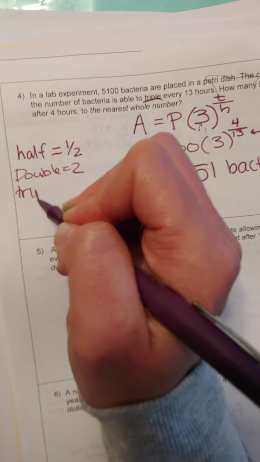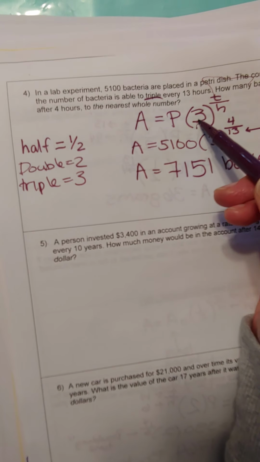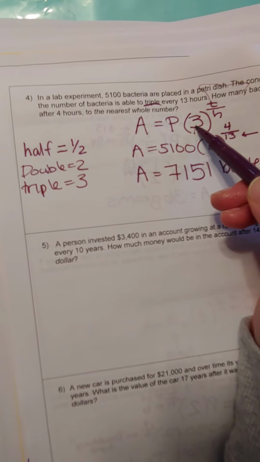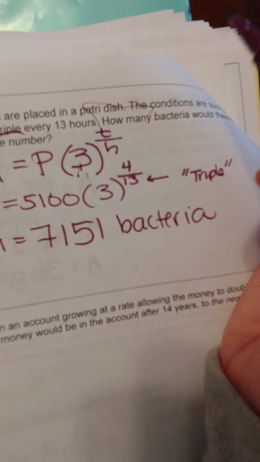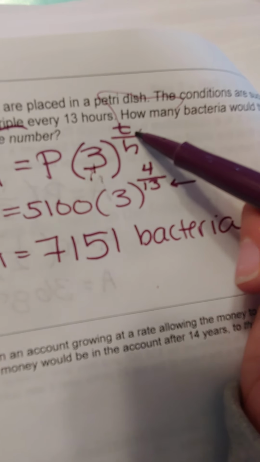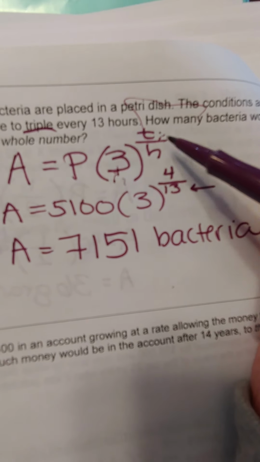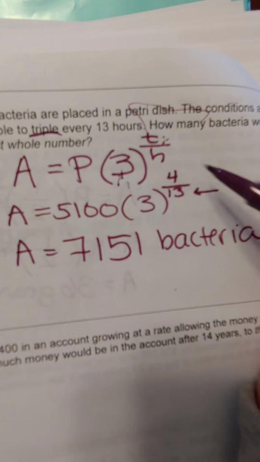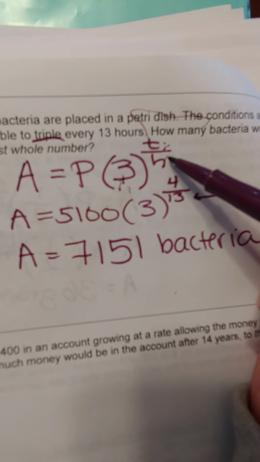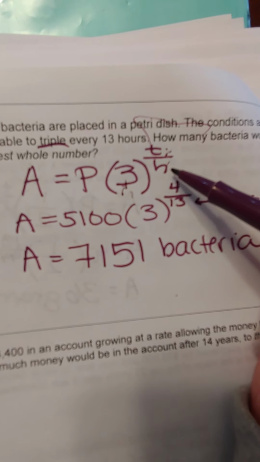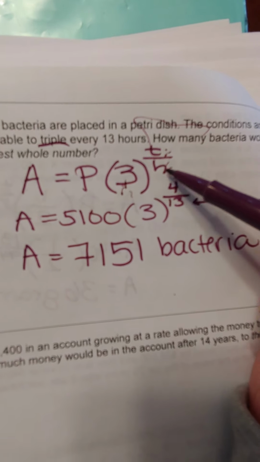If it says how long will it take to triple, in this spot right here, you put a 3. First thing to be careful of. Second thing to be careful of, the top value represents the amount of time that has passed. The bottom number represents the amount of time it takes for the element to half, double, or triple.